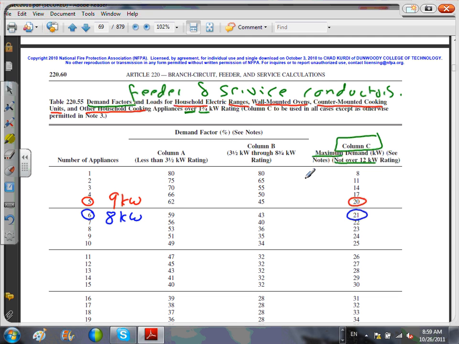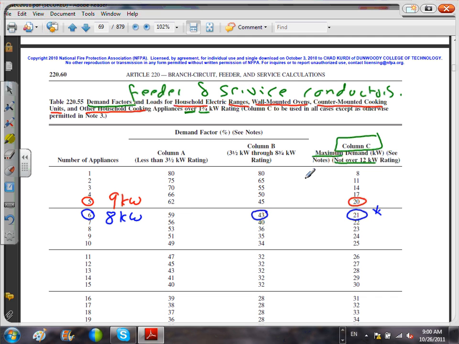Yes, then you have to apply another calculation and choose the one that gets you more demand. You guys agree that 8 is under B, right? Remember, this is your default, but can I apply another rule to get me more demand? Yes, B. So let's see.